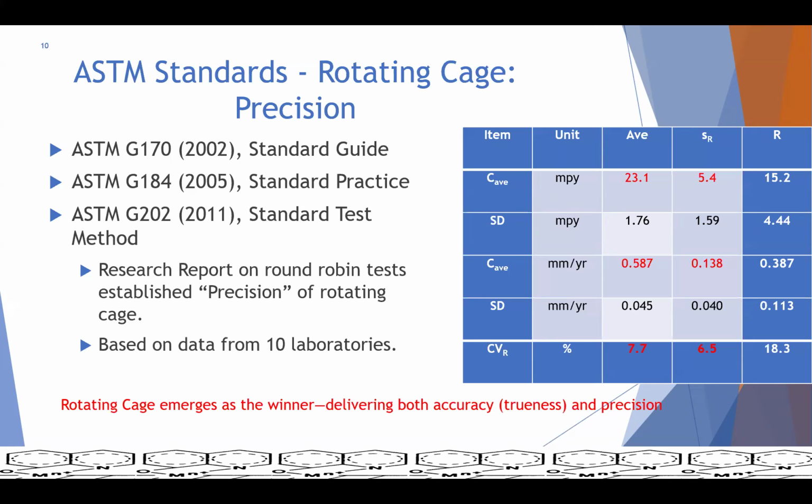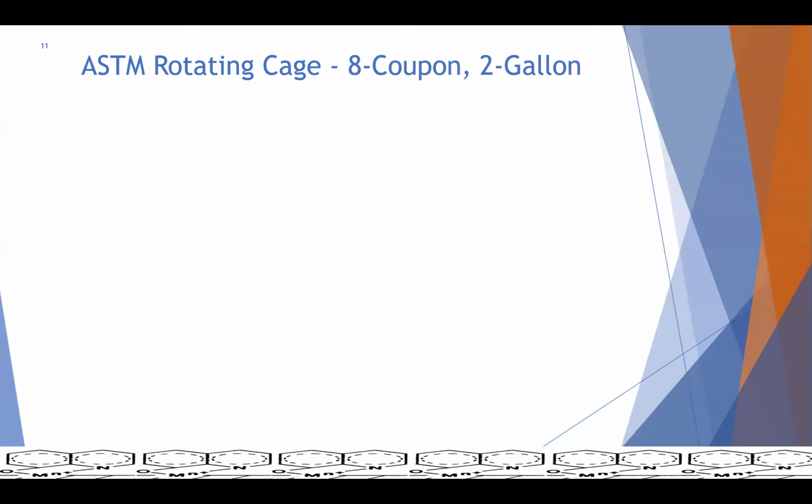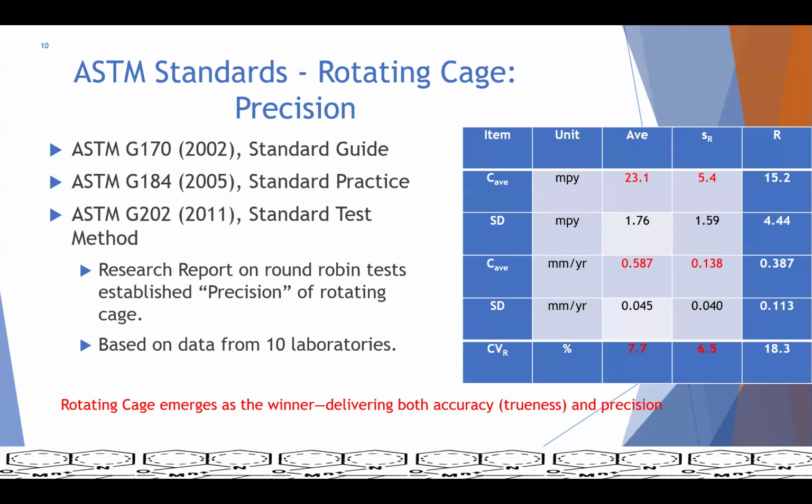So rotating cage became the winner both in terms of trueness as well as precision. That work was completed in, I would say, 2011. 2009 was the first publication. 2011 was when the research report was published by ASTM.